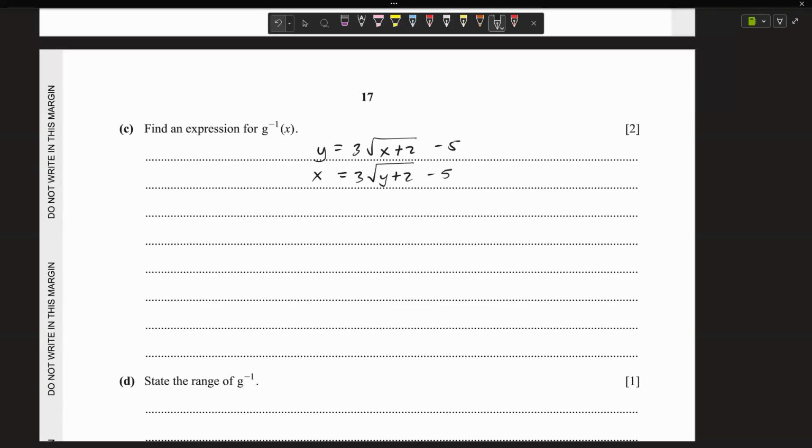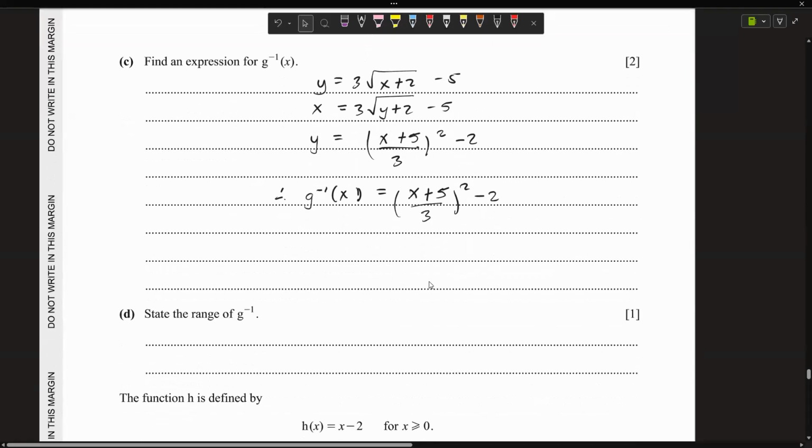To make y the subject, we'll have x plus 5, then we will divide by 3, then we will square both sides, and then we will subtract 2. So therefore, g inverse of x should be equal to (x plus 5 over 3) squared minus 2. So (x plus 5) squared all over 3, minus 2. So that's g inverse of x that we'll be having.